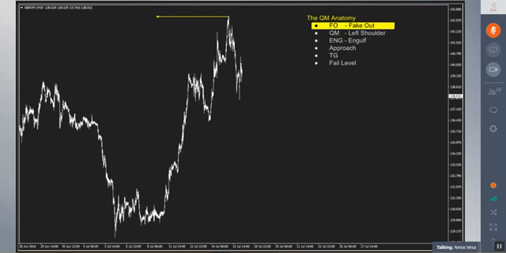Just a hint for us where to find our level. Let's say this is a higher time frame. This is a flag limit. We would like to take a short with Quasimodo in M1 at this MPL.